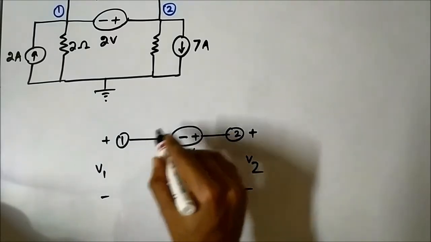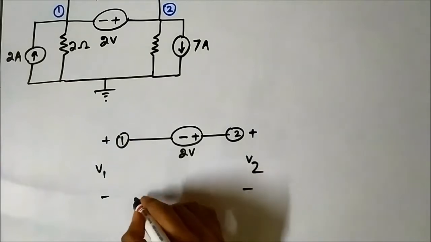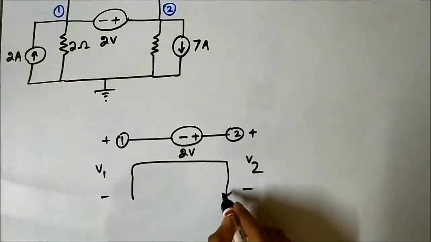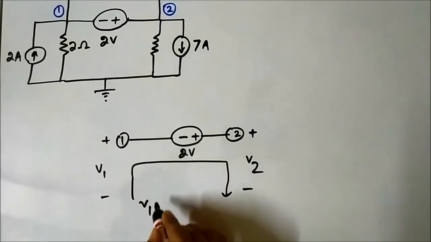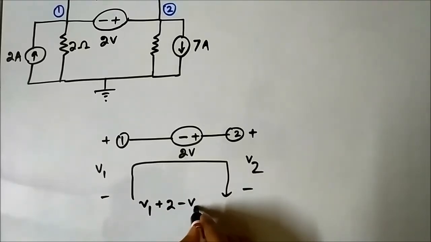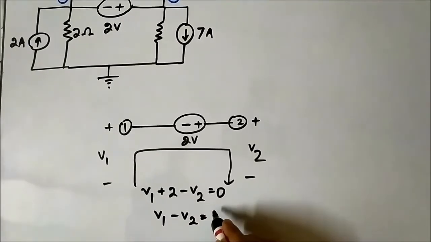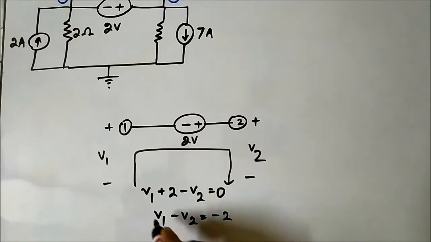If we apply KVL in this path, it will be V1 plus 2 minus V2 is equal to 0, or V1 minus V2 is equal to minus 2.